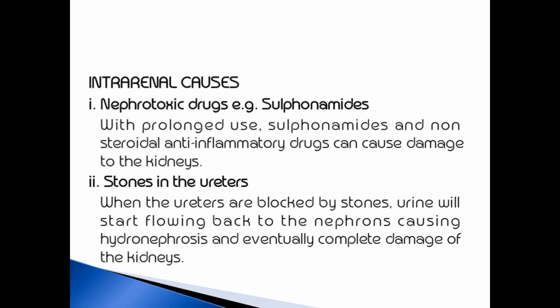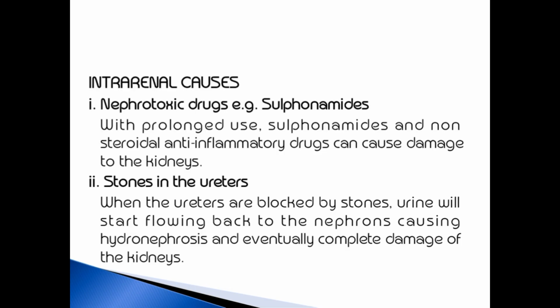An example of drugs is sulfonamides. With prolonged use of sulfonamides and non-steroidal anti-inflammatory drugs can cause damage to the kidney. So these drugs, the NSAIDs, the sulfonamides, may lead to what? Kidney damage. The tissues of the kidney may be damaged, leading to renal failure, causing the kidney to fail to perform its function.